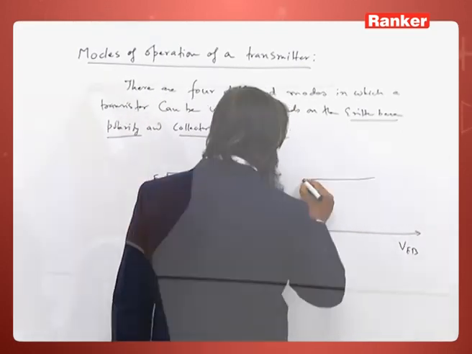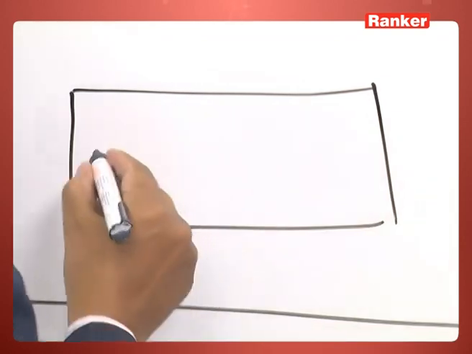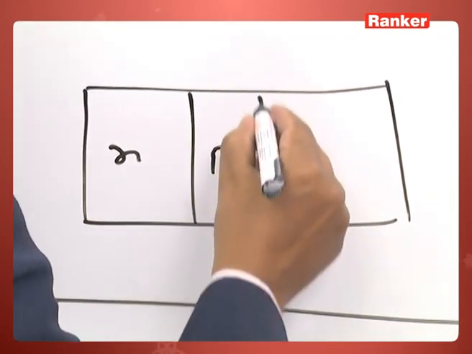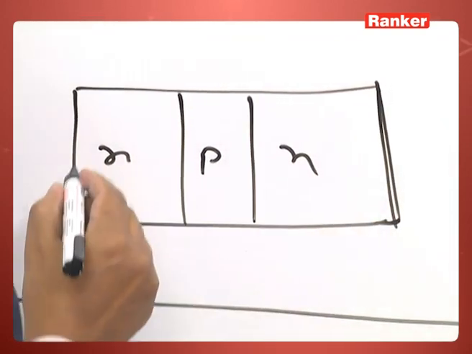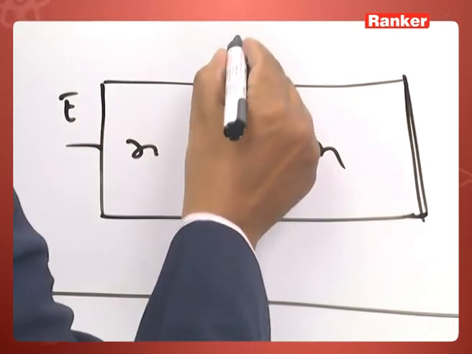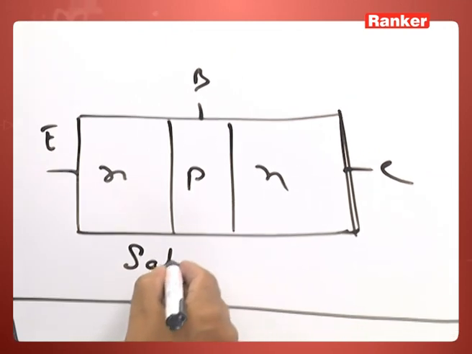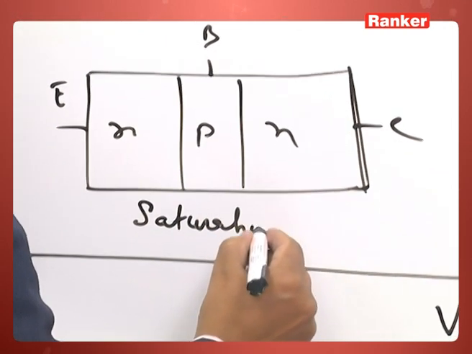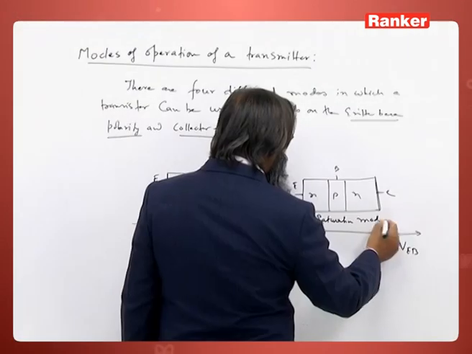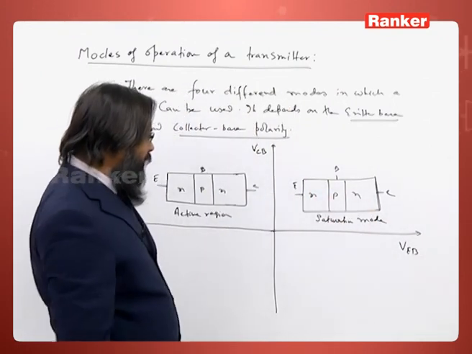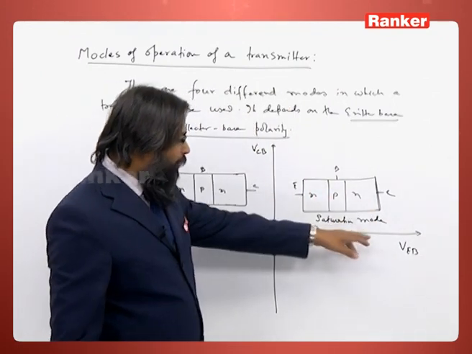And here we have this NPN transistor. Suppose I have taken here NPN transistor. This is emitter, this is base and this is collector. So, this is in saturation mode. So, here in this quadrant you see here VCB and VEB.